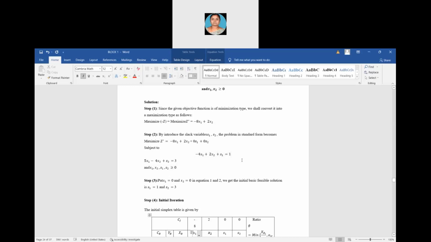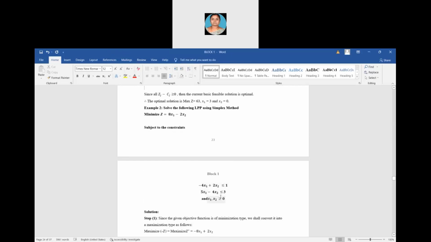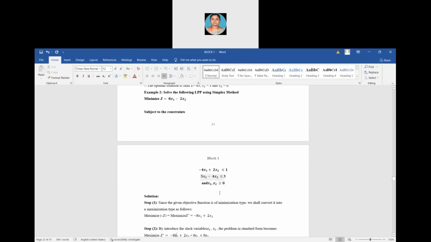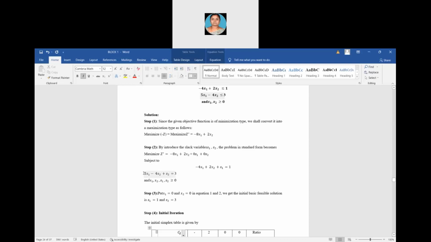And the next equation, 5x1 minus 4x2 less than or equal to 3, can be written as 5x1 minus 4x2 plus s2 equal to 3. So if you are using the equal to symbol, that is nothing but the standard form.